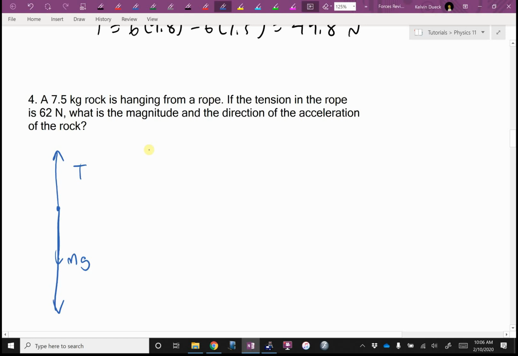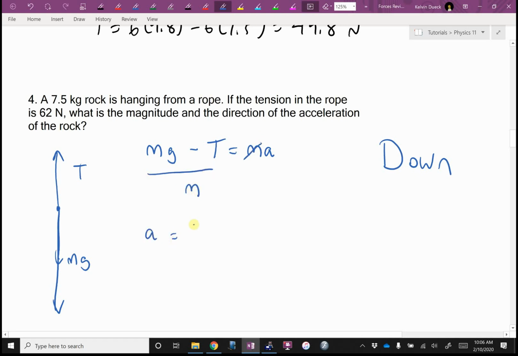And now I can go mg minus tension equals ma. Must be accelerating down because tension's smaller than mg. How would I get the a by itself? Divide by m.